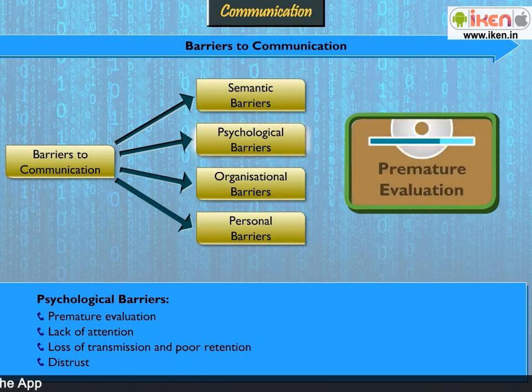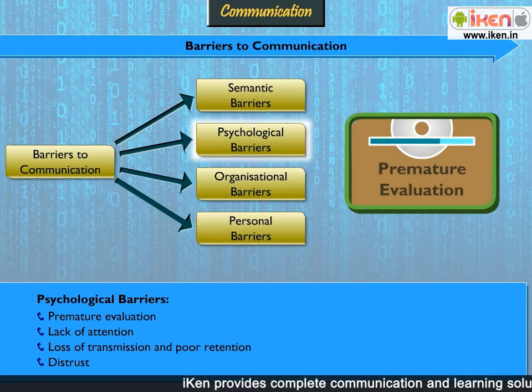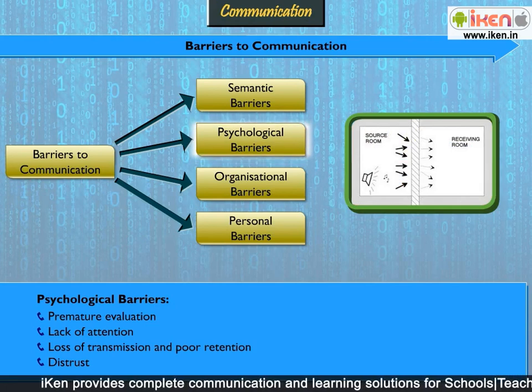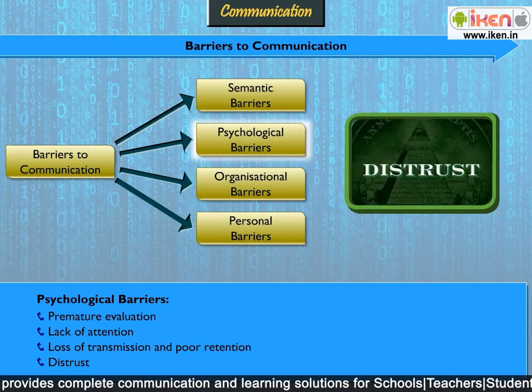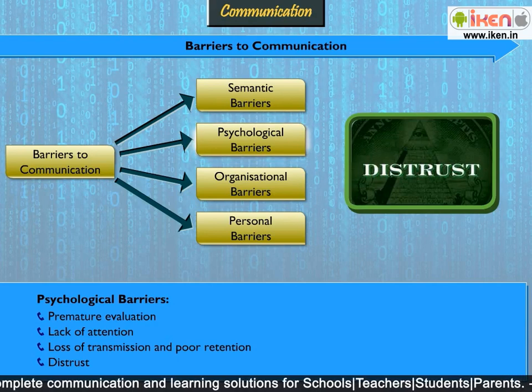Miscommunication may occur because of premature evaluation by the receiver, due to preconceived notions or prejudices against the communication, the receiver not paying attention towards the message, the loss of transmission and poor retention of information on the part of the receiver, and distrust between sender and receiver.